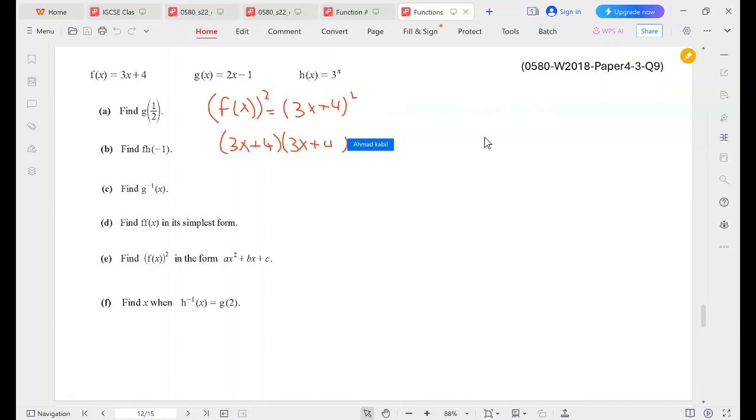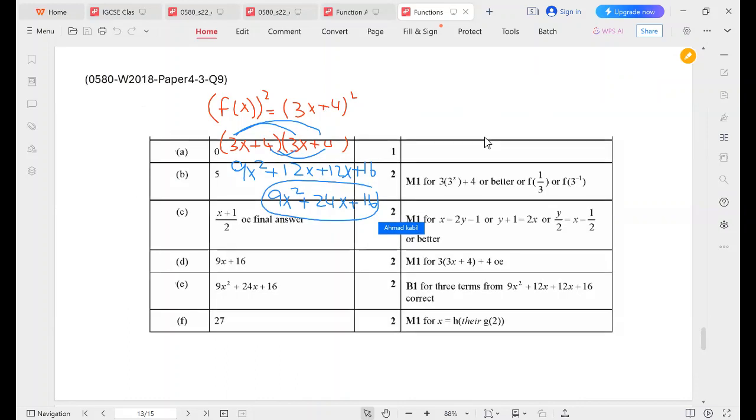We can multiply the first two terms. 3x by 3x is 9x squared. 3x by 4 is 12x. 4 times 3x is 12x again. 4 times 4 is 16. So therefore, we have 9x squared plus 24x plus 16. And this is the final answer to E. And this is the correct answer.